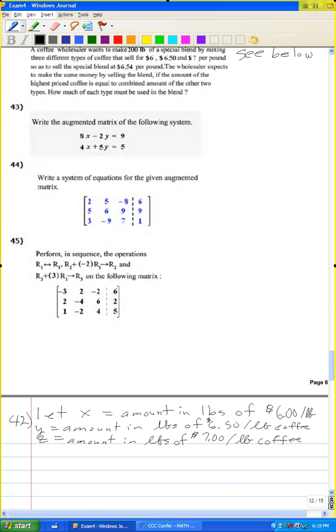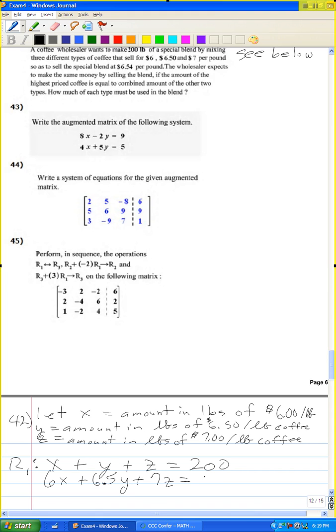Okay, so then it says we have 200 pounds. So X plus Y plus Z is 200. I guess let me call that row 1. And so they're $6 coffee, $6.50 coffee, and $7 coffee.